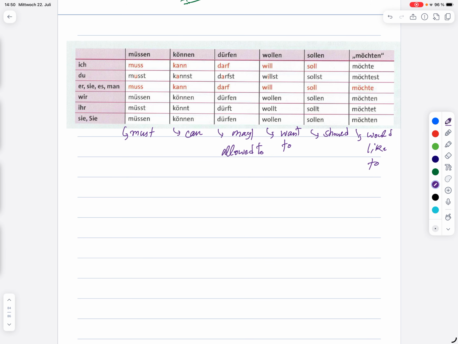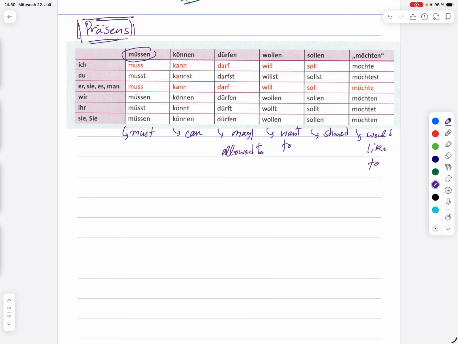These are all modal verbs from müssen to möchten in the present tense. We can also have them in the past tense, Präteritum, but there the conjugation would be different. The rules remain the same: they are in the second position in the sentence, and the main verb comes at the end.